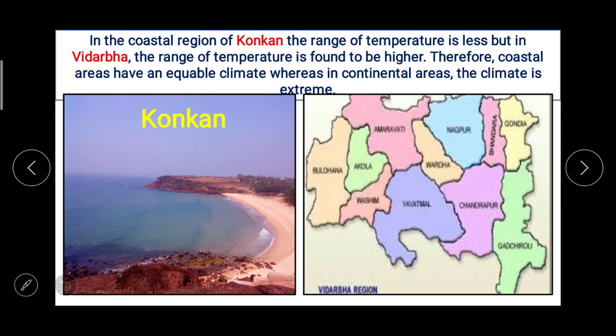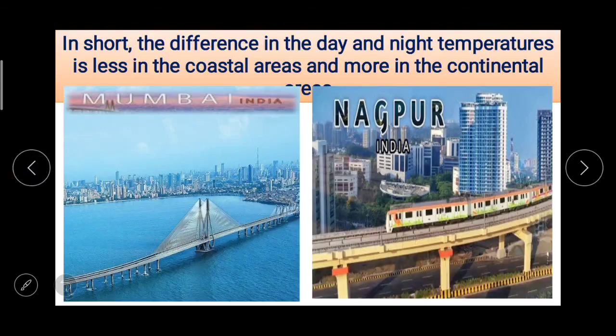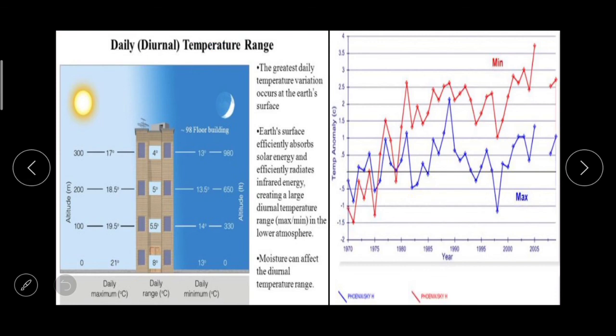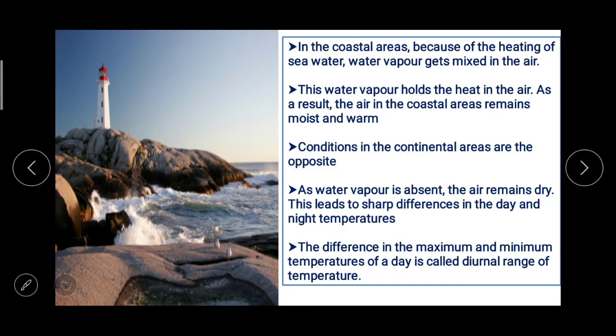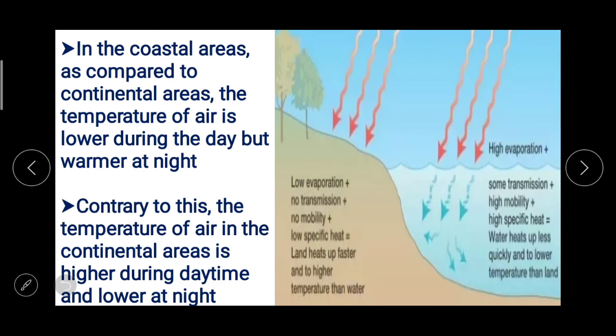So all these things we discussed in the first part of this topic. The difference in day and night temperatures is less in the coastal areas and more in the continental areas. For that, we took the example of Mumbai and Nagpur. Daily temperature range and how it changes.